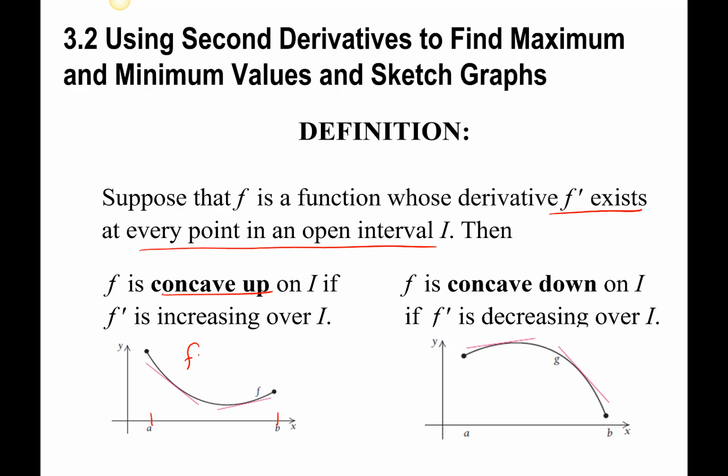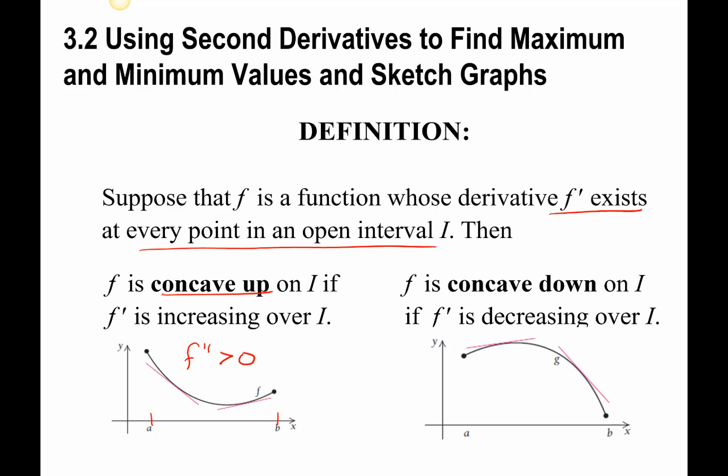Now, concave up is going to be greater than 0 or less than 0. Let's see, concave up is smiling, and you're smiling if things are going positive or negative? Oh yeah, positive. So this is going to be positive here. Okay, concave up, positive.